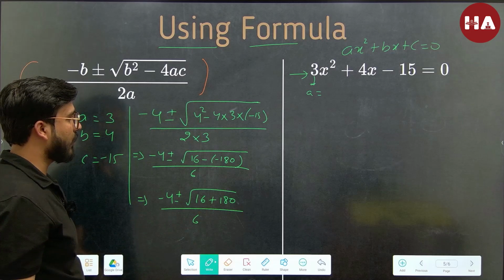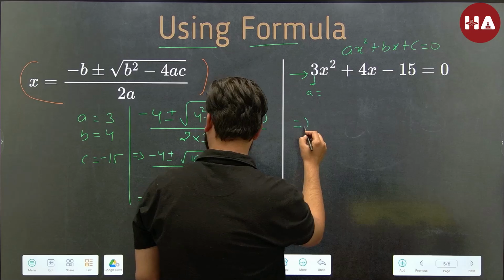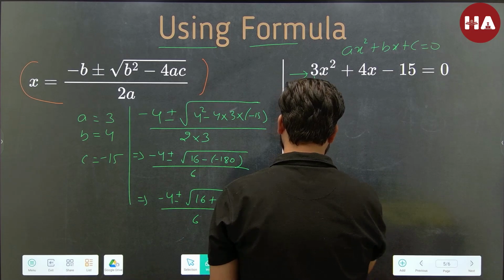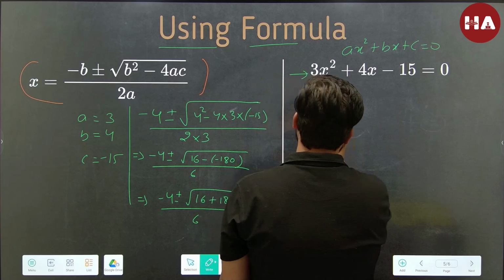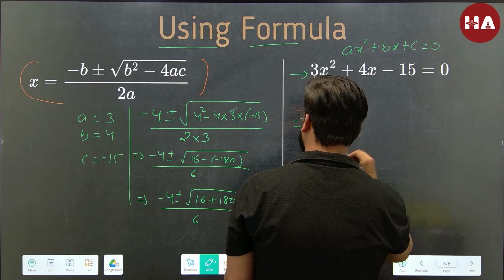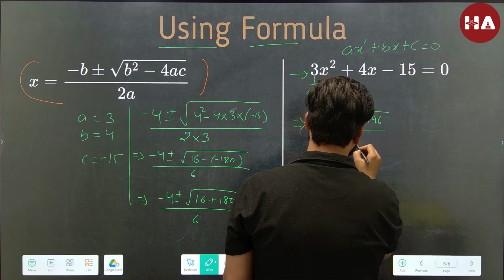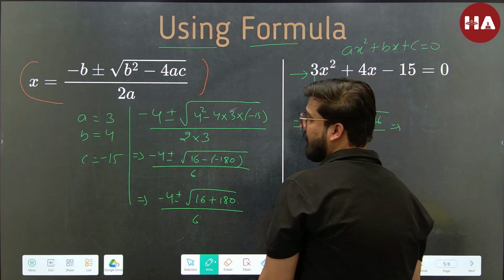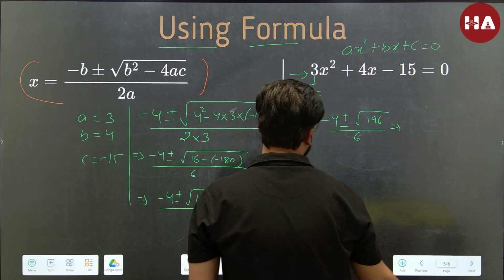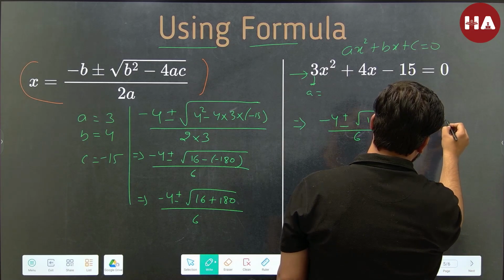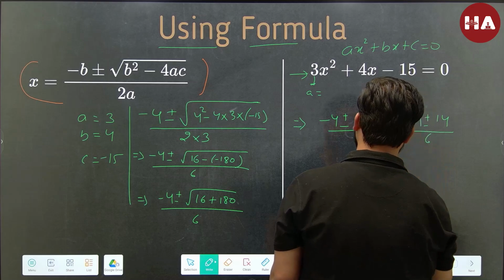So this will be negative of 4 plus minus root of 196 over 6. The root of 196 is, students, 14. You can easily calculate. Negative of 4 plus minus 14 over 6.